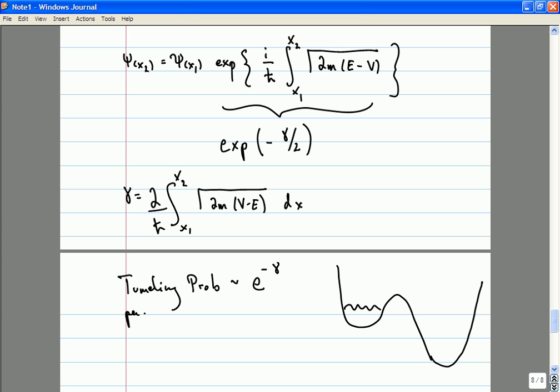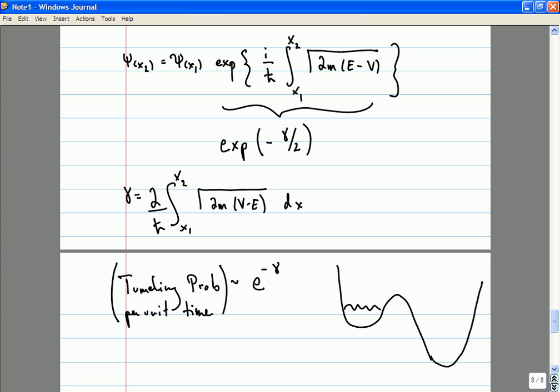Now, if you look at this expression, tunneling probability per unit time goes like e to the minus gamma, then there's something not quite right about that, because e to the minus gamma is dimensionless, and a tunneling probability per unit time has dimensions of 1 over time. And so one actually needs to improve this estimate in order to get something with the correct units of dimension.